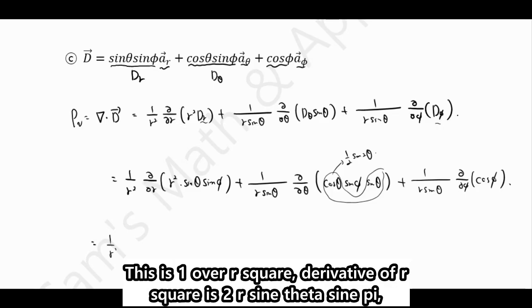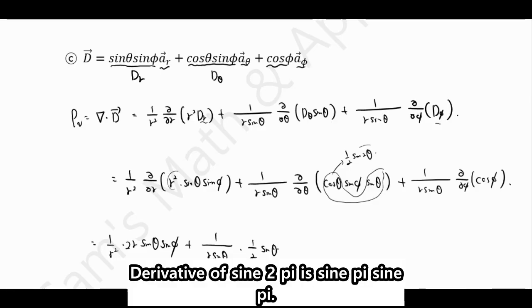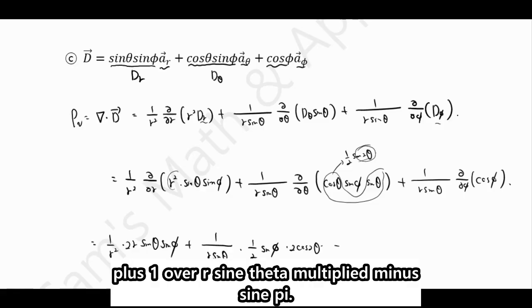This is 1 over r squared, the derivative of r squared is 2r, sine theta sine phi, plus 1 over r sine theta multiplied by 1 over 2 sine phi. The derivative of sine 2 theta with respect to theta is 2 cosine 2 theta, plus 1 over r sine theta multiplied by minus sine phi.